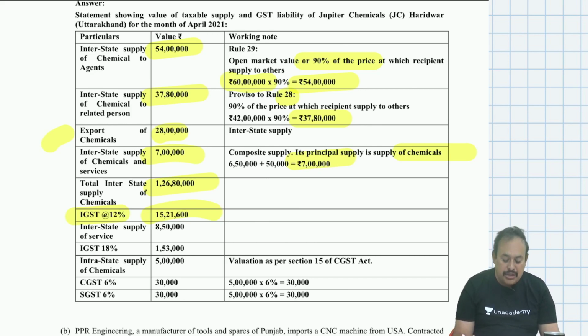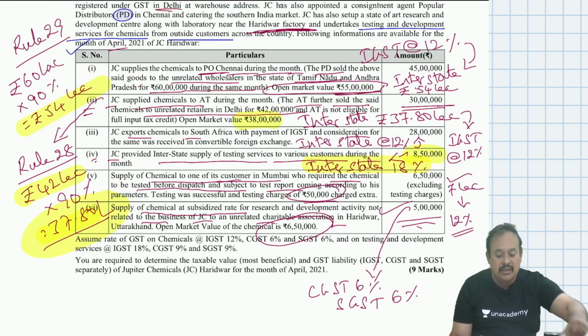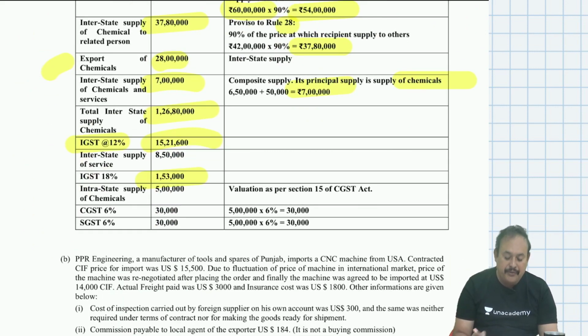Further, interstate supply of services, here 8,50,000. On 8,50,000, what rate? 18% of IGST. 18% of 8,50,000 is 1,53,000 IGST on interstate supply of services.